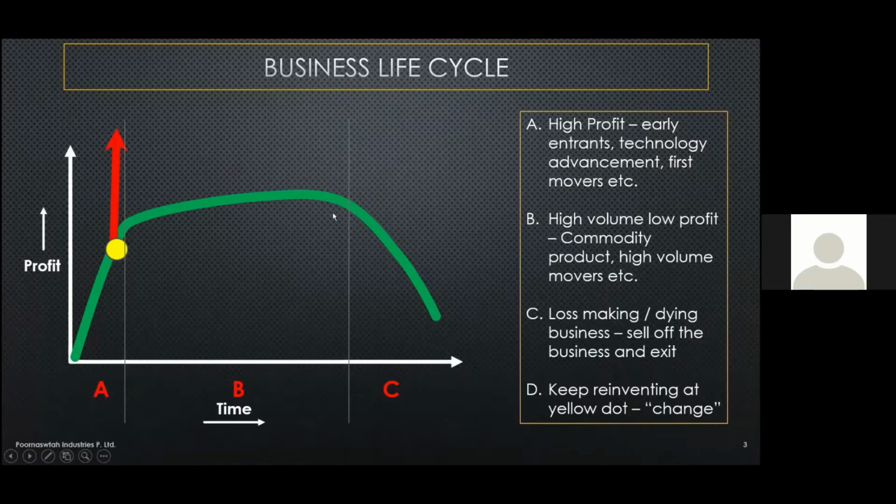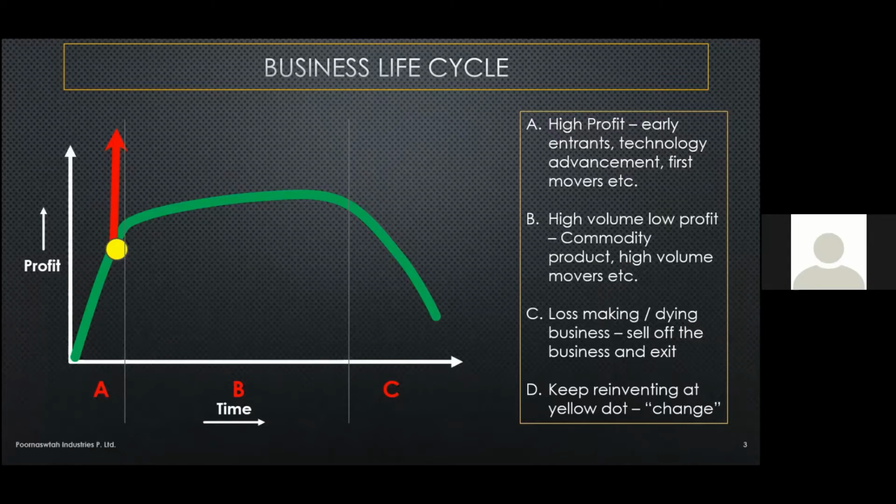Although the volumes remain good, Me Too products are introduced in zone B, where you face a lot of competition. Subsequently, when it reaches zone C, the profits and the volumes start dropping.